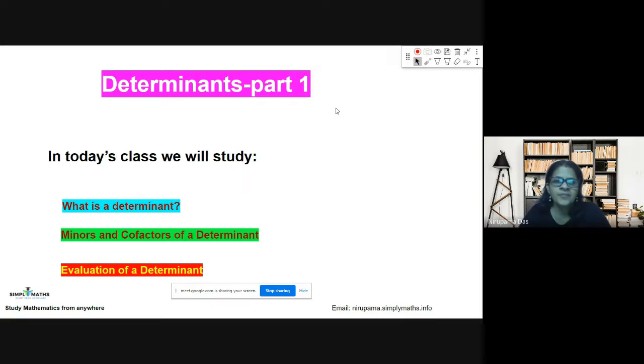So it's time to study determinants, and of course we will start with part 1. In today's class we will study what is a determinant, minors and cofactors of a determinant, evaluation of a determinant. This is in store for us today.